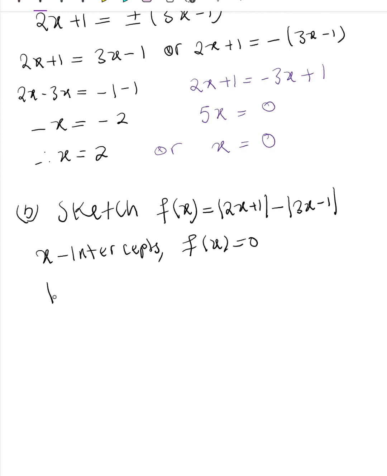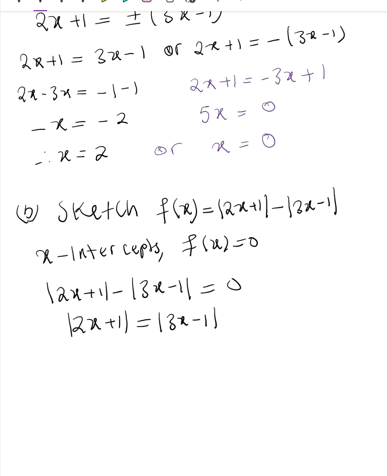So you are just saying that the absolute value of 2x plus 1 minus the absolute value of 3x minus 1 is equal to 0, so that you have the absolute value of 2x plus 1 is equal to the absolute value of 3x minus 1.